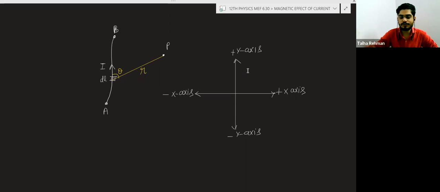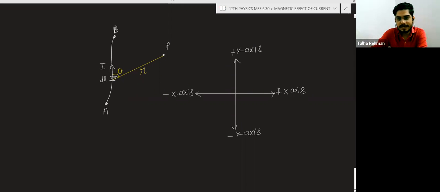When you draw this on your paper, you can consider the screen of your laptop or the page of your paper on which you are writing as the same. Both will be the xy plane. From now, I am assigning the direction and we will use this direction throughout the chapter.